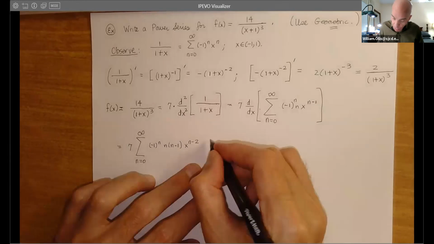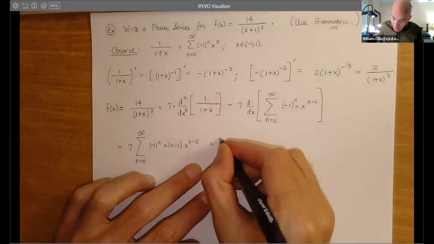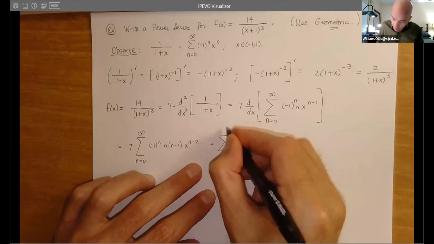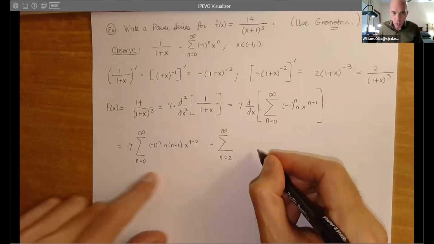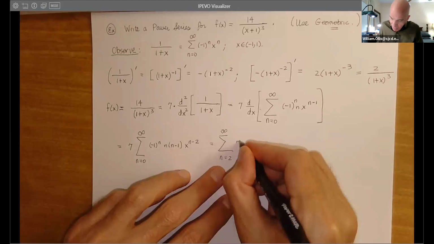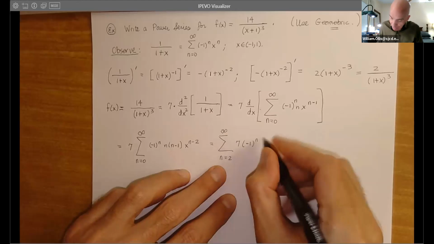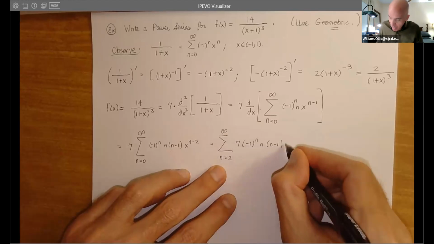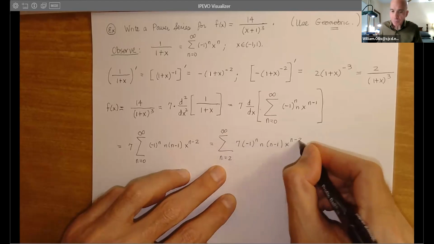Let's just start at 2. So this will be the series n equals 2 to infinity, because the 0 and the 1 don't give us anything. And then we get what? 7, -1 to the n times n times n minus 1 times x to the n minus 2.